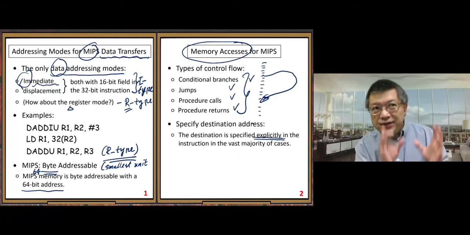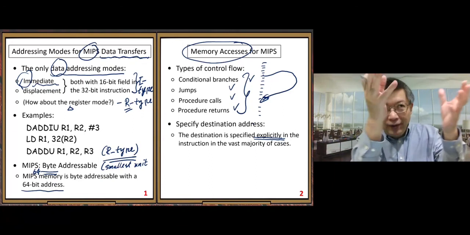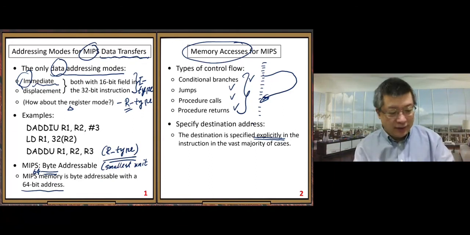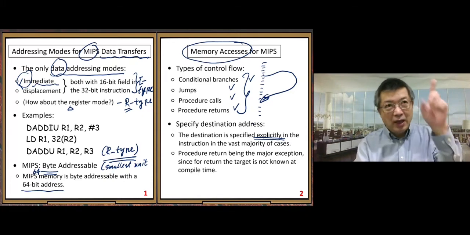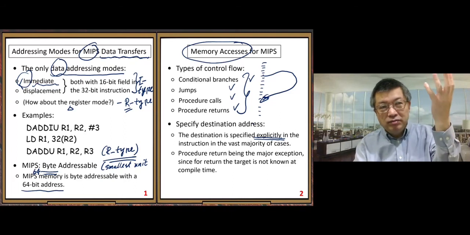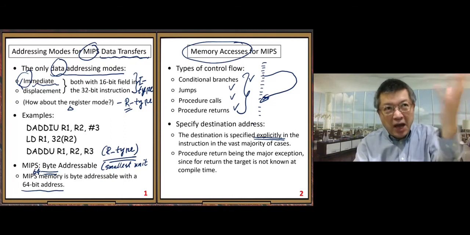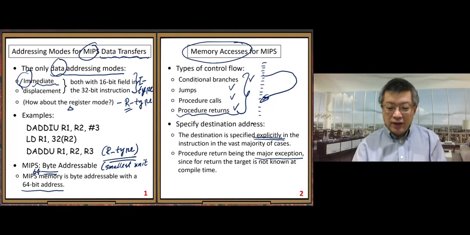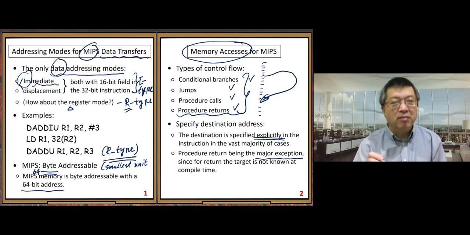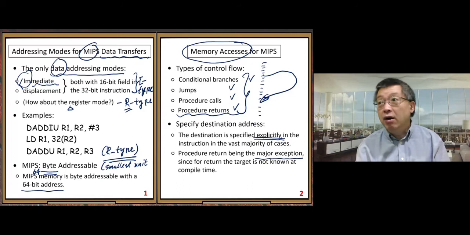You need to provide a constant, so where to go. Procedure return is the major exception, the implicit case. Since the return target is not known at compile time, it is very hard to specify where to return.